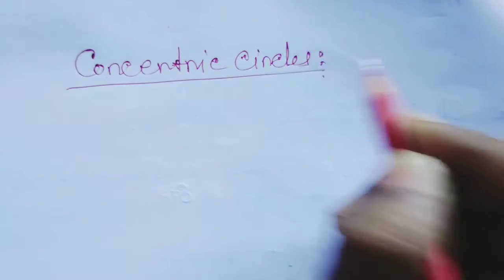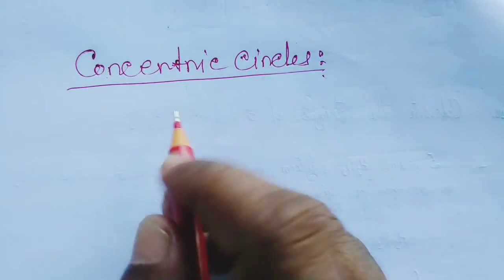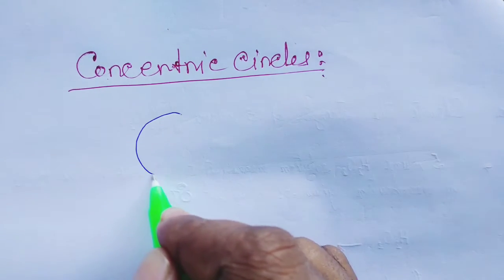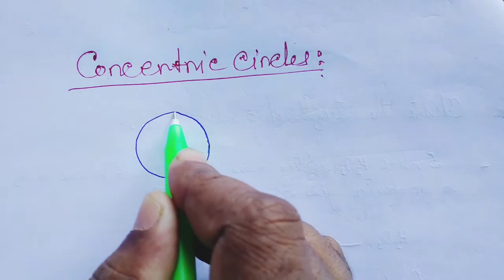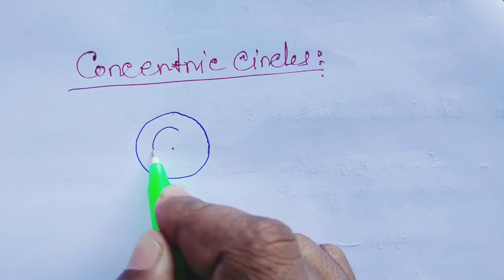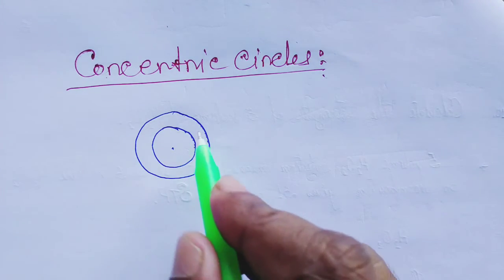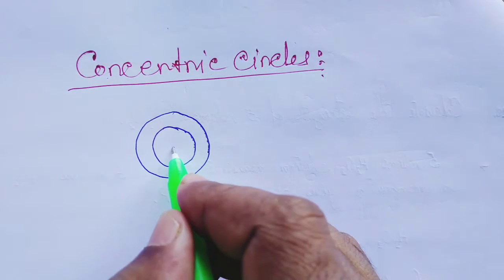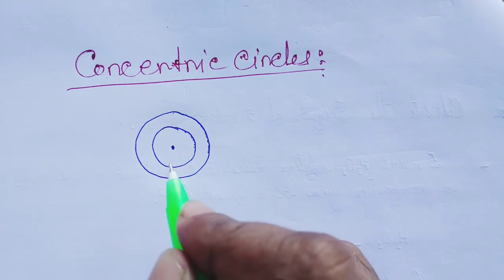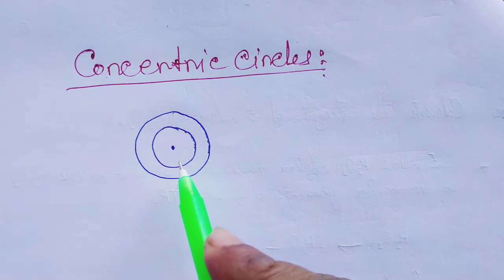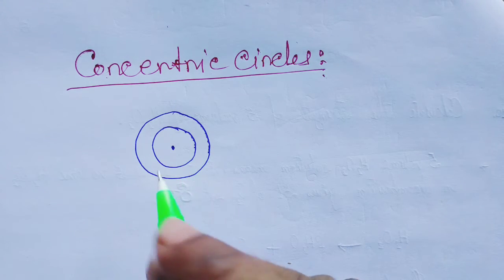What is a concentric circle? Think that there are two circles. Here is one circle and here is another circle. Two circles having the same center. Think that this is the center. So two circles having the same center but different radii.